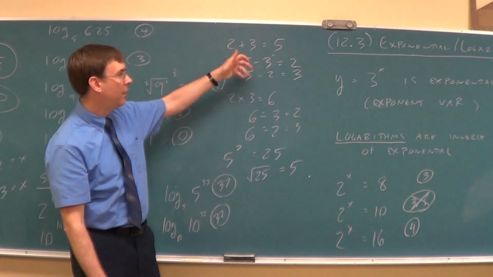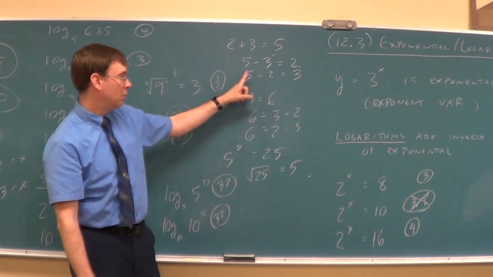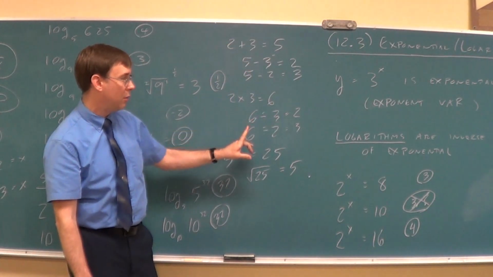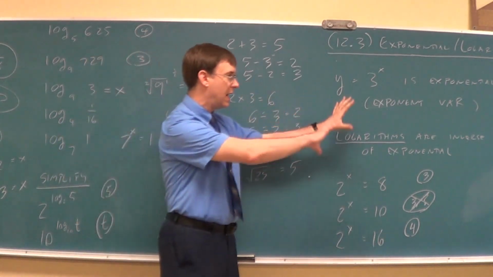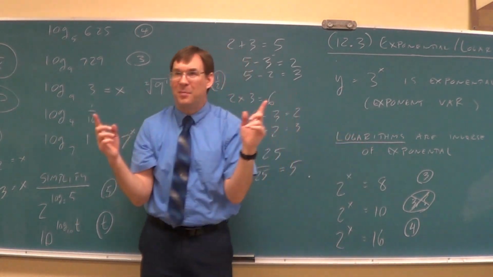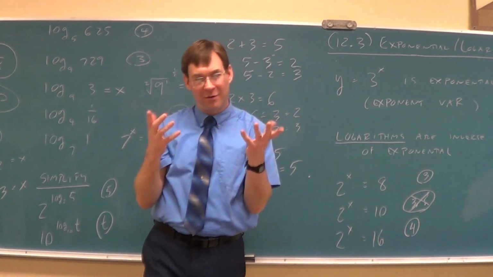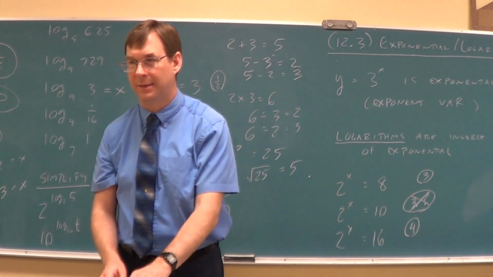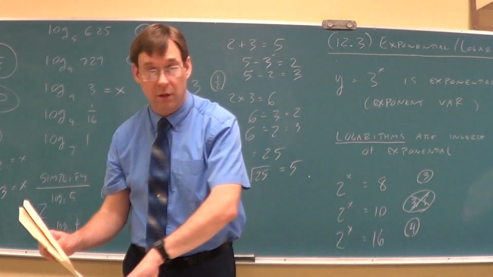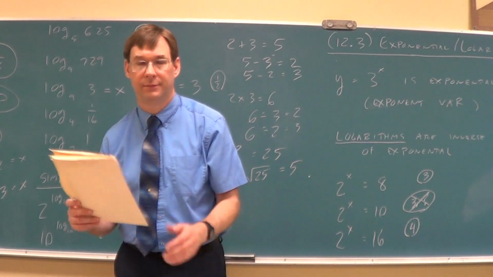But negative power flips, fraction power is root, anything to a 1 is itself, anything to a 0 is 1. You know those are going to appear, but they're going to appear inside out. So if you're uncomfortable to begin with, and then I turn you inside out, you're going to be doubly uncomfortable. But that's the ideas. Question about ideas?